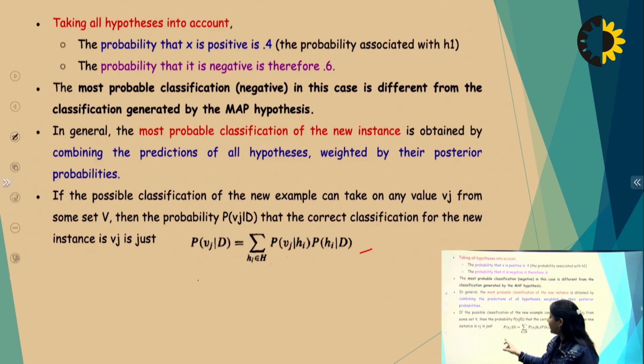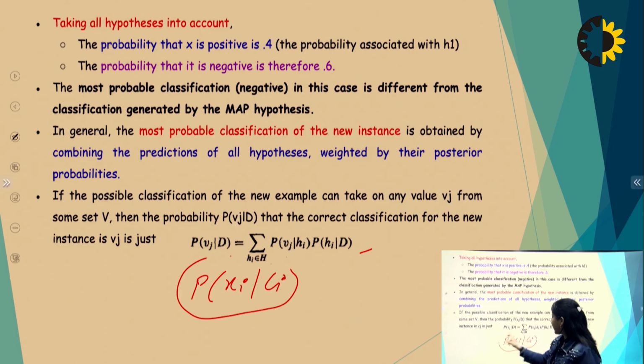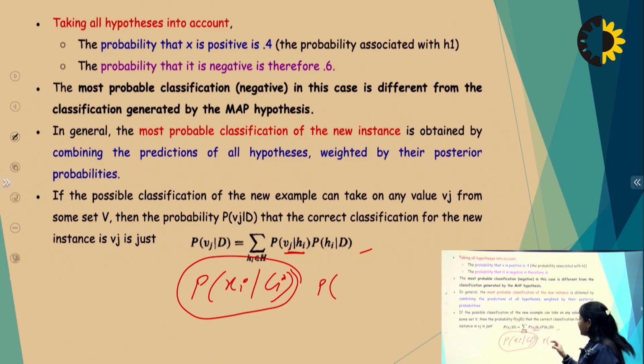Actually we divide this formula; we have a number of attributes Xi and a number of classes Ci. So this is the likelihood. I can change this formula like this, where Vj is the class. So the class is Ci, there can be 2 classes, C1 for positive and C2 for negative.